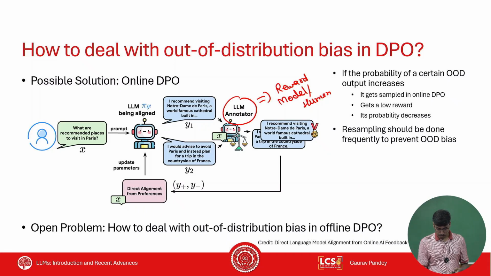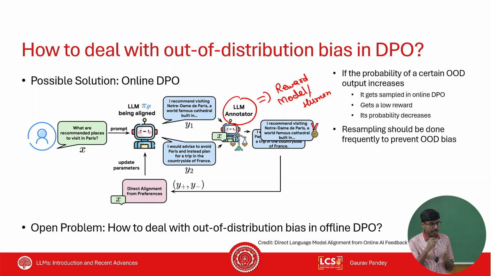And you have to make sure that you resample frequently, so that anytime such a bad output emerges from the policy, immediately you can suppress those outputs by giving them negative reward. So this is an online setting, right? You are showing samples that get generated from the policy, and then labeling them using the reward model.